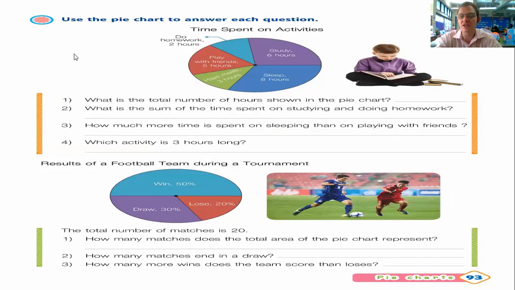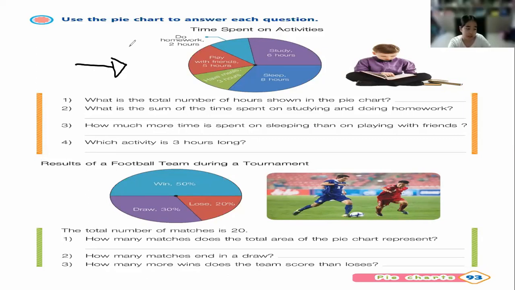First of all, who can tell me what the first pie chart is about? Time spent on activities. Excellent. So now we know what we are dealing with, and we can read.